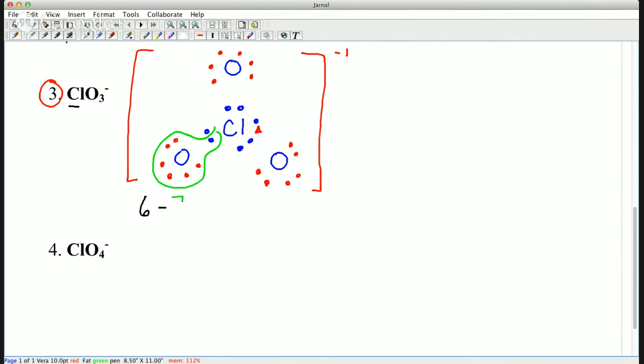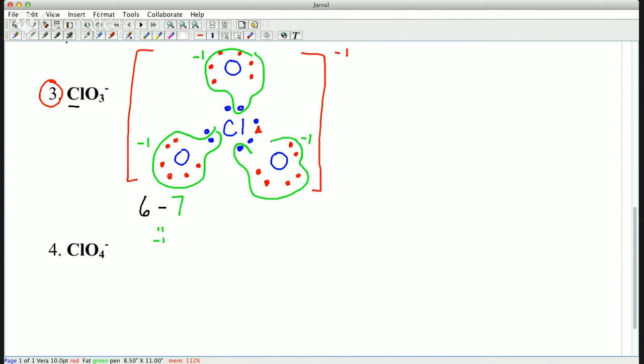So it's 7. So according to my diagram, 6 minus 7 is -1. So I'm going to have a -1 on all of my oxygens. Whoa. If you think with me, if I'm having a -1 with all of my oxygens, what charge must the chlorine be to make this work?